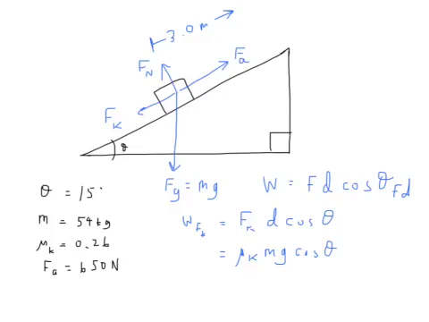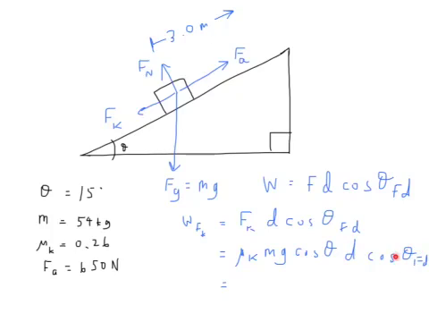This is going to get confusing, times d cosine theta. And let me write theta FD here. Now this is a little confusing if you plug in the way I've done, but that's okay, we can keep track of our angles. Mu is given, that's 0.26. Mass is given, that's 54. G is 9.81. This theta, the cosine of this angle, is 15 degrees. And then we plug in for d, the 3 meters.